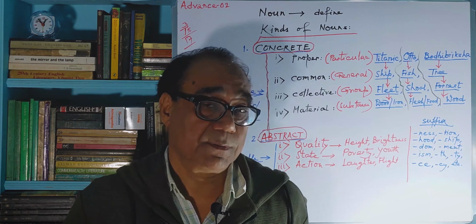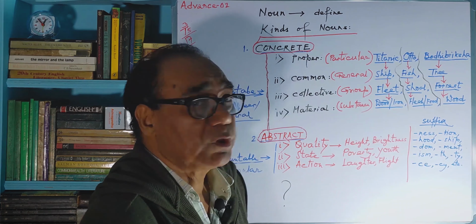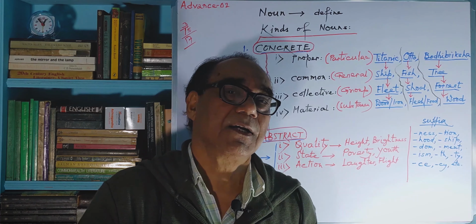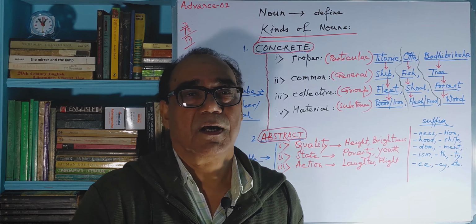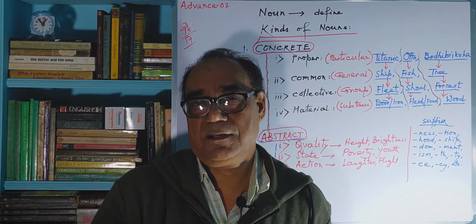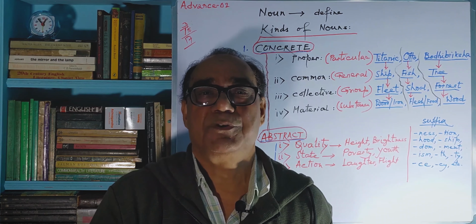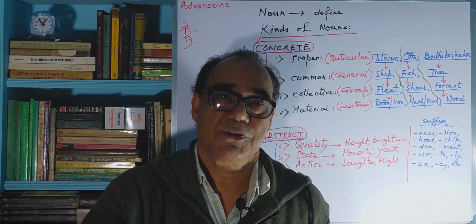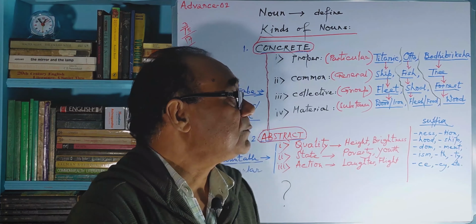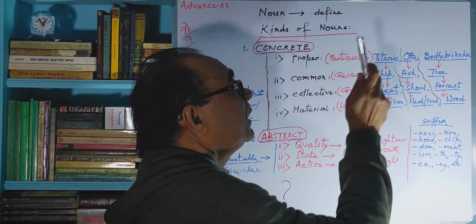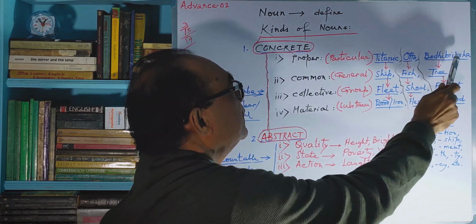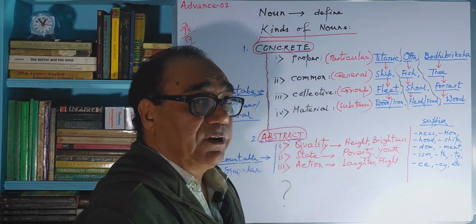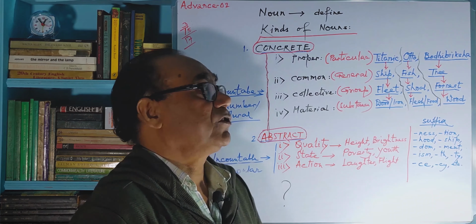I give another example. That is Bodhi Vriksha. Bodhi Vriksha is the name of a tree, a holy tree, because Gautam Buddha actually achieved his nirvana sitting under this tree. So it became a very famous tree, Bodhi Vriksha. Only one Bodhi Vriksha is there in the world. So Bodhi Vriksha is a proper noun, a very particularized tree.